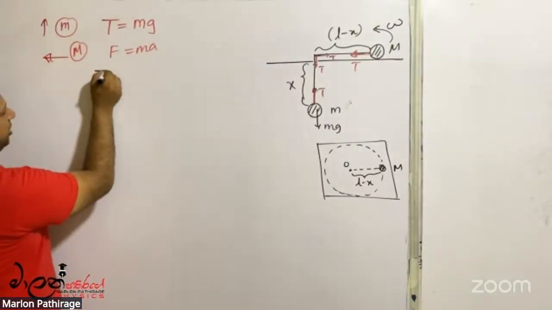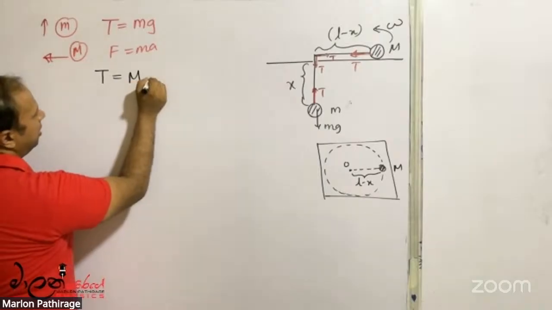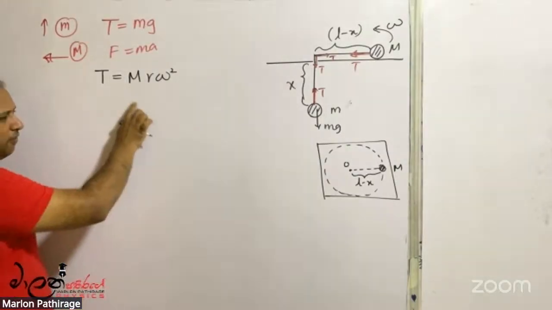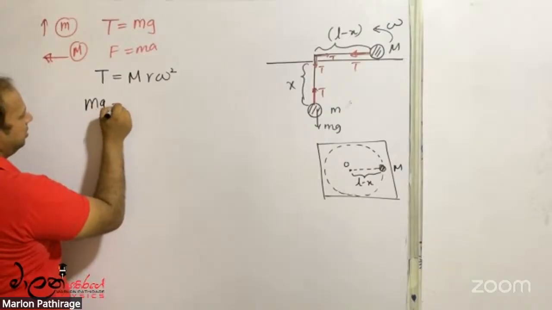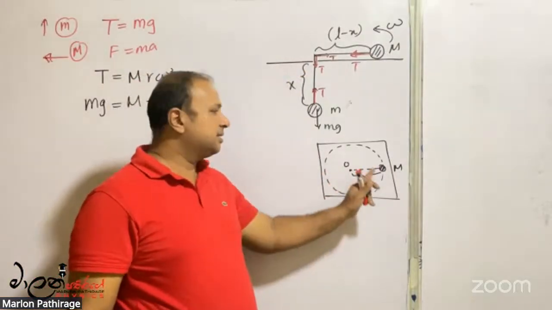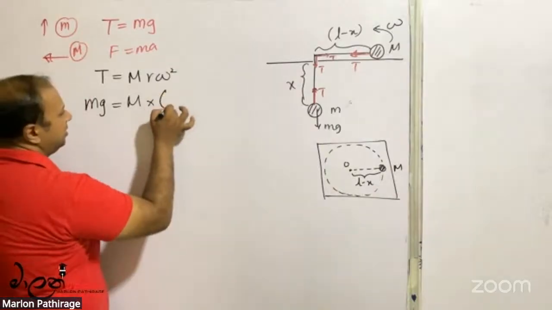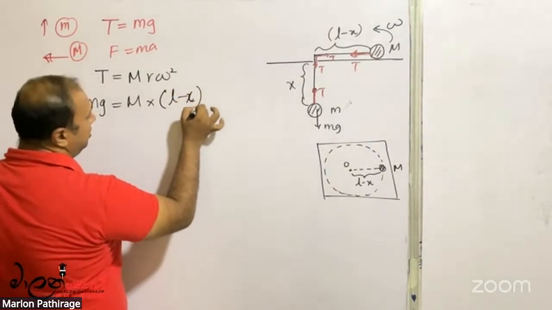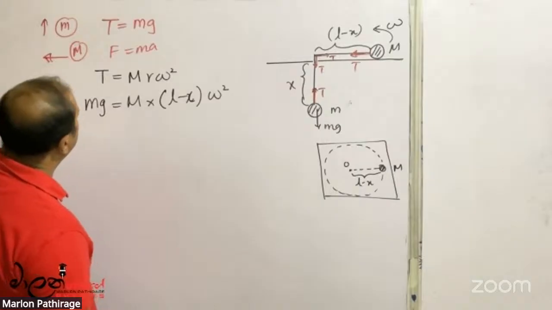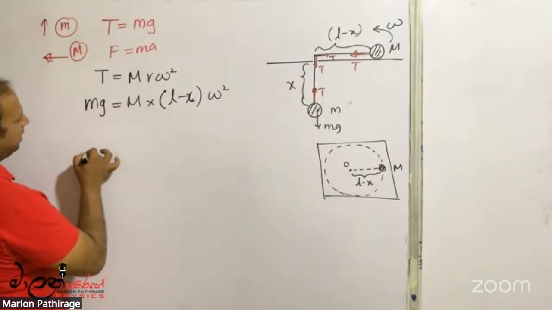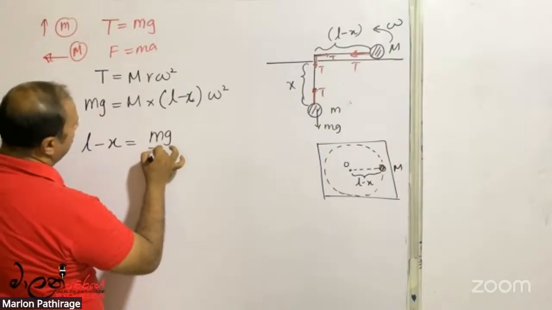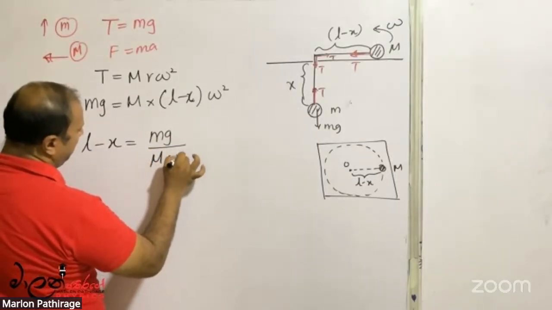So T is equal to capital M R omega square. Now the tension force is small mg, R means L minus x, that is the radius of the circle. So mg equals capital M times L minus x omega square. Therefore, L minus x is equal to mg over capital M omega square.